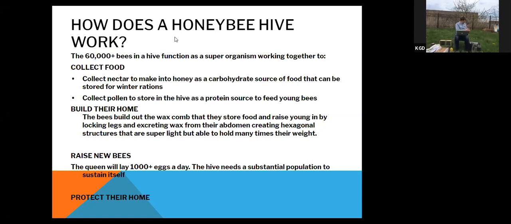But in terms of the flow of the season here in Michigan, bees are basically collecting nectar to make honey to serve as their food for the winter. Now they're just kind of getting started.